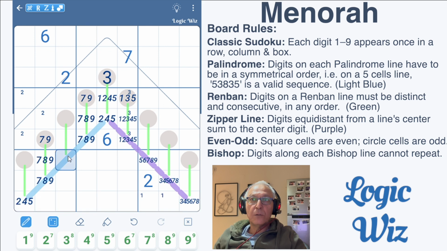As for 1, 1 cannot be here because again we would need 2 on this line, so 1 can only go here. And 2 cannot go in these cells, and it cannot go here as well. 2 must be here.